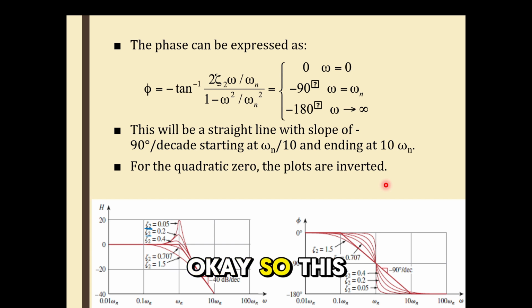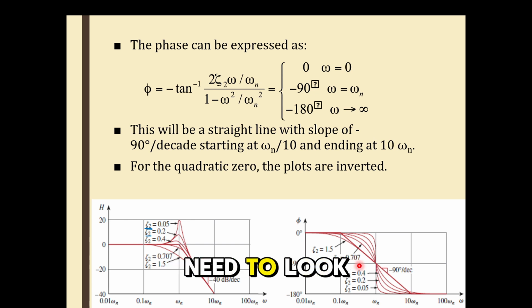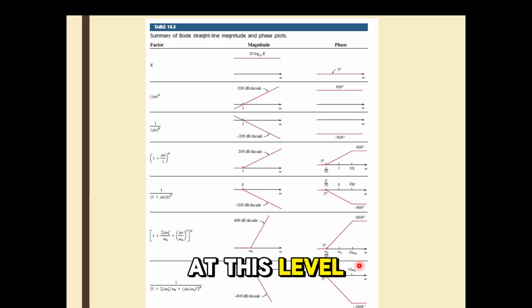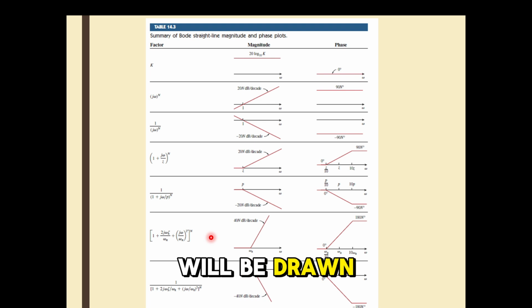So this is the slope for magnitude and phase, but we don't need to look at this level. We are just going to plot using this table. Here you see this summarizes how the line will be drawn for both magnitude and phase.